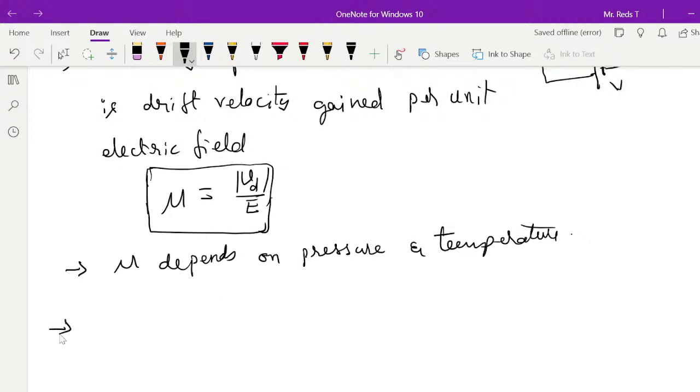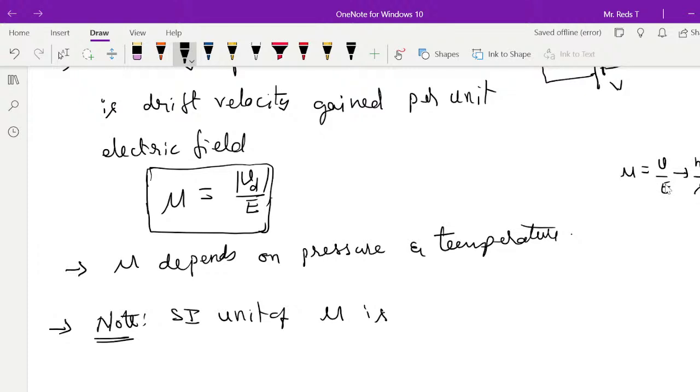Here, as a note, the SI unit of mobility mu, as mu is equal to V by E: the unit of velocity is meter per second, and electric field, as it is force by charge, F by Q, is Newton per coulomb. So meter coulomb per Newton second. This is one of the ways you can write it.